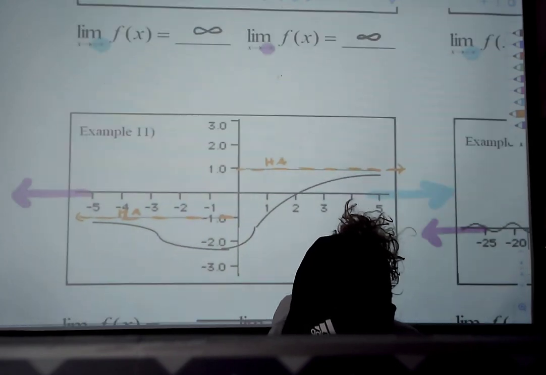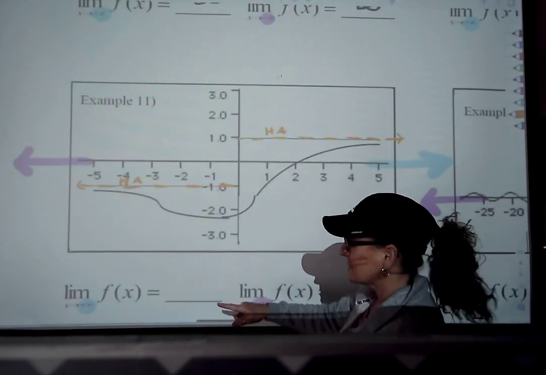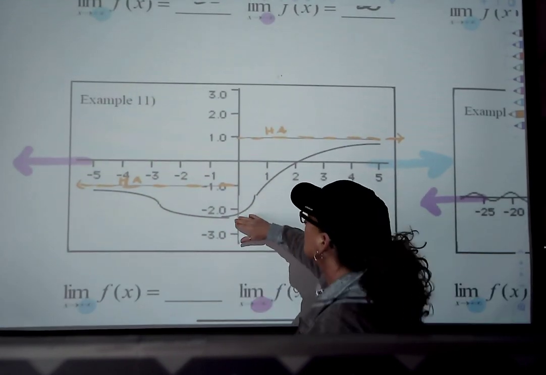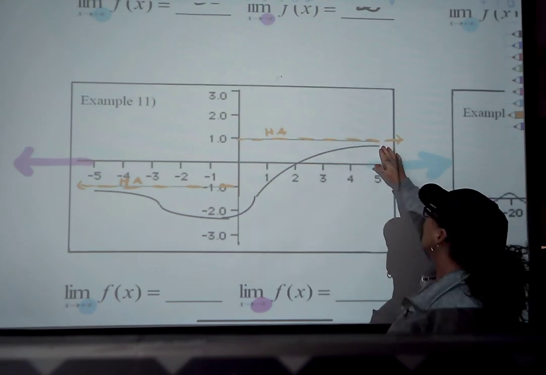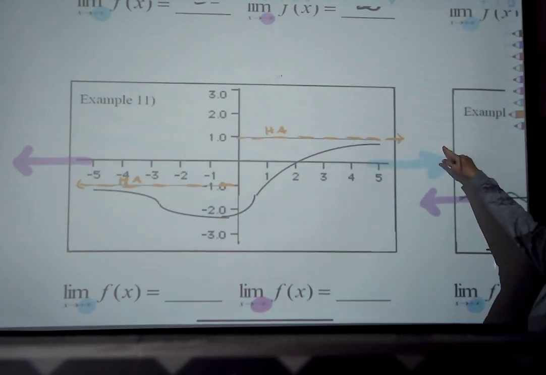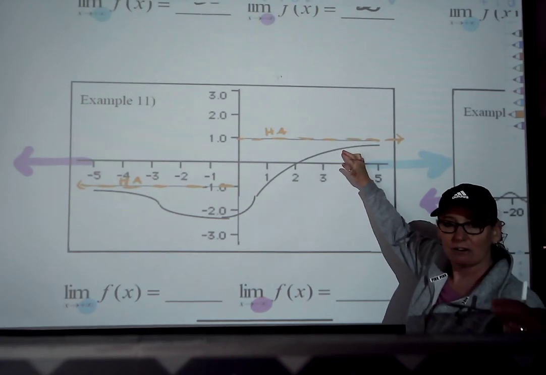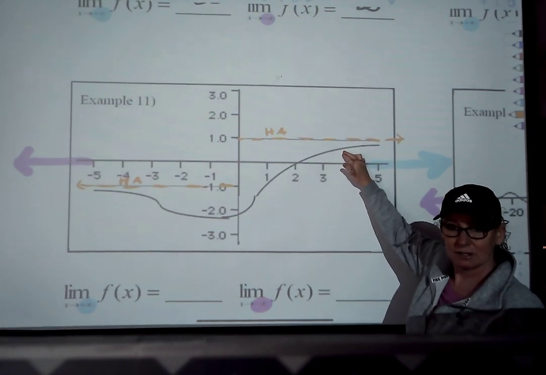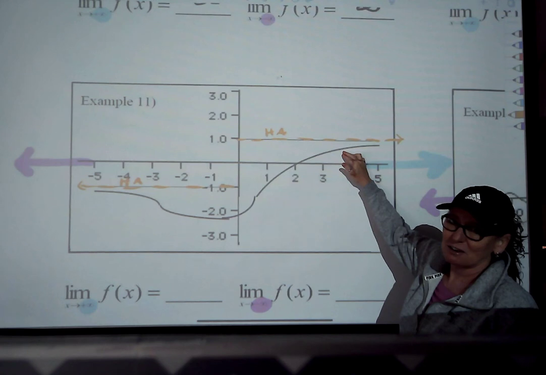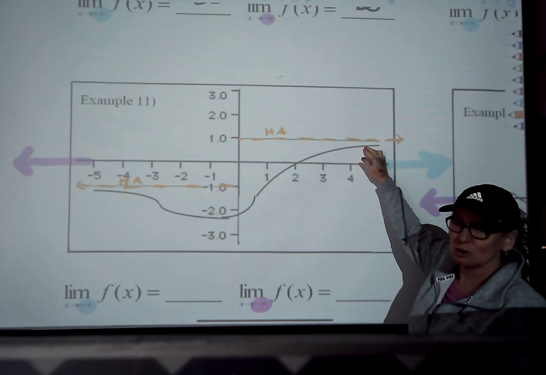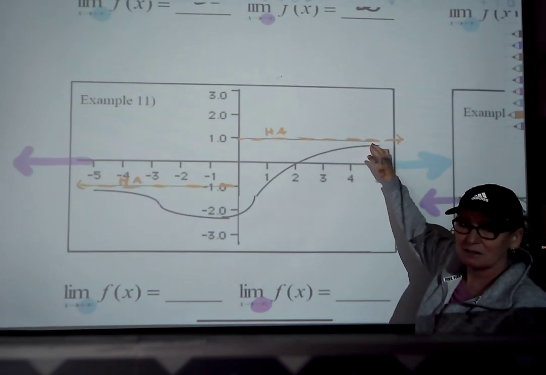Okay. So as x approaches positive infinity, ready? Take your eyes, you need to go way, way, way out here. How high is my graph getting? Well, you know what an asymptote does. A function just gets super, super close to its asymptote, doesn't it?